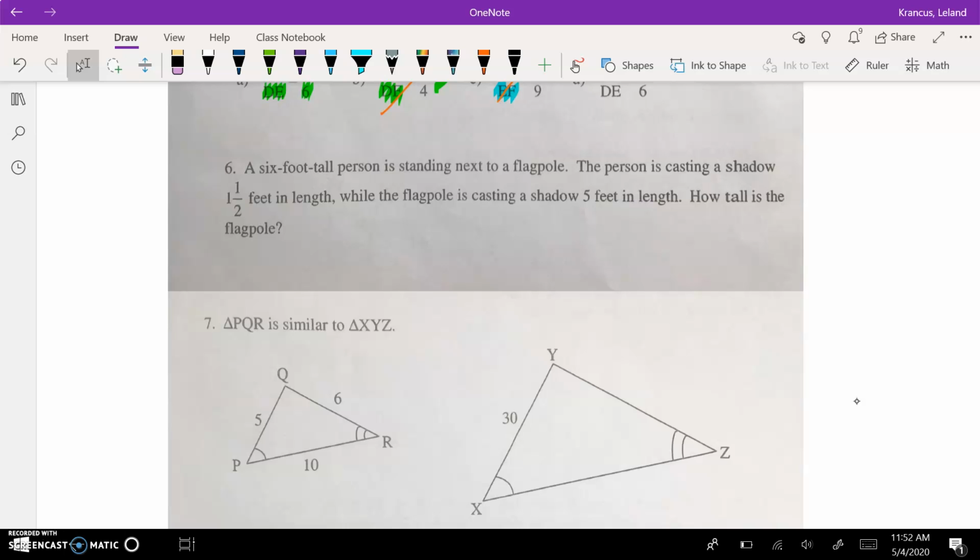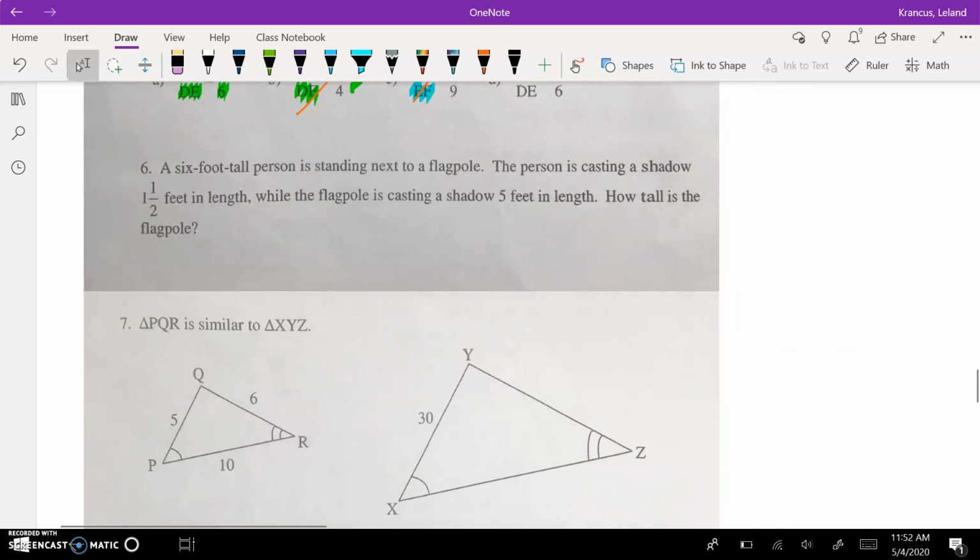On number 6, the big hint I want to give is draw the two shapes. So actually draw the two triangles. This is one of those problems where you have two objects casting shadows, and the object, its height, its shadow length, those form similar triangles, which you can use to set up a proportion and solve for the missing side. And so make sure you're drawing those. So a 6-foot tall person standing next to a flagpole.